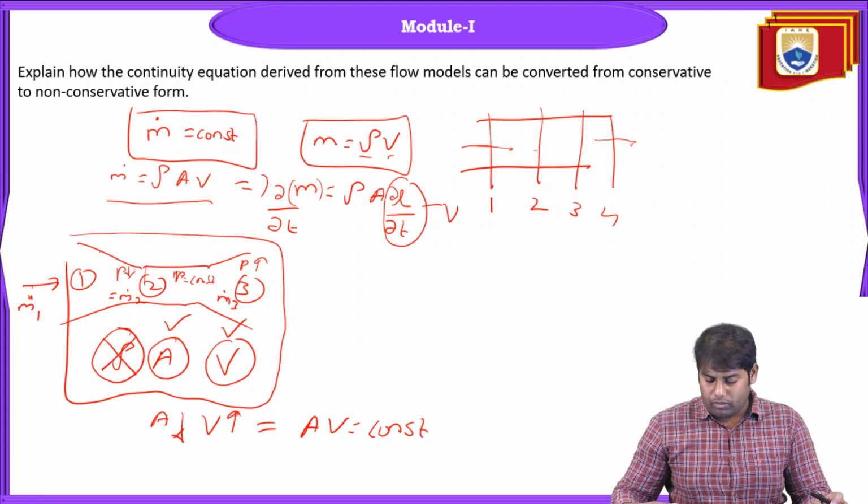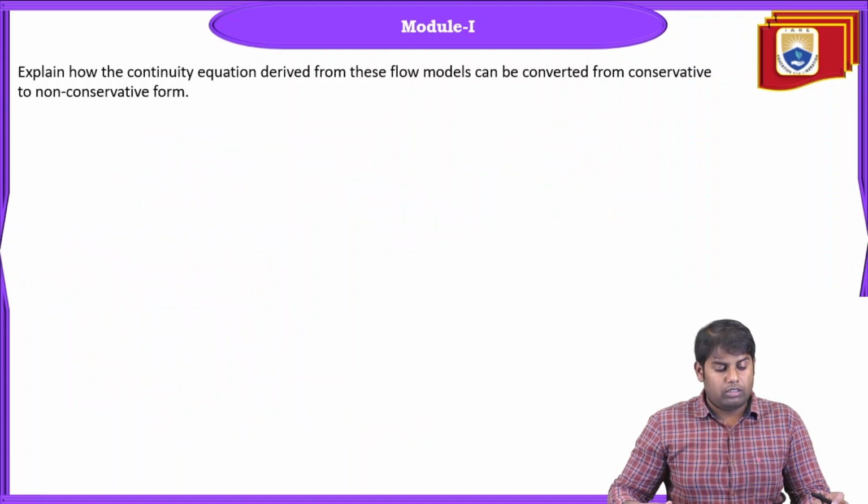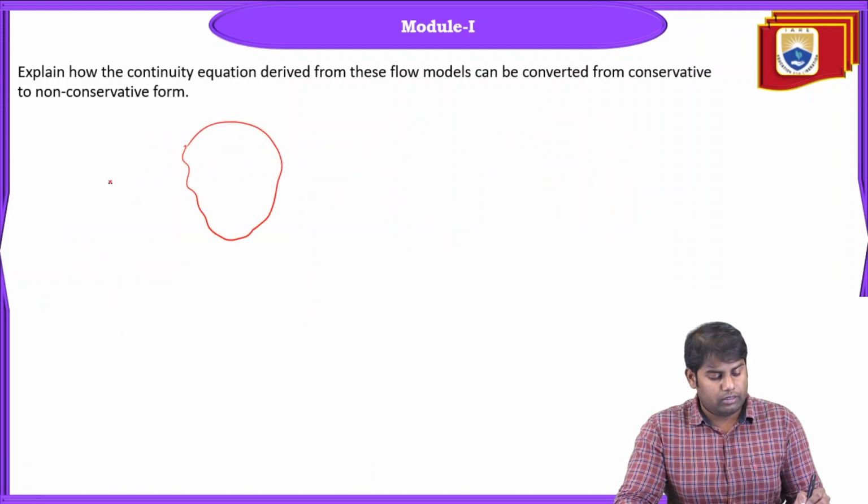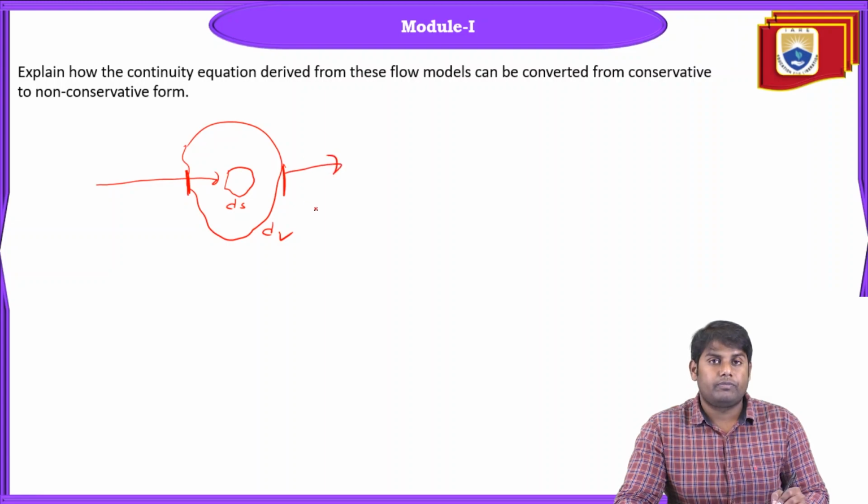See, inside we take some small element, which is ds. So we take this control volume, which is of dv. We have flow coming inside, we have flow going out.